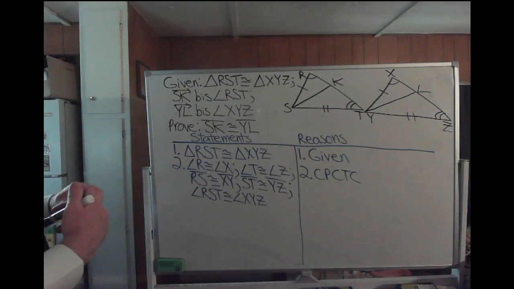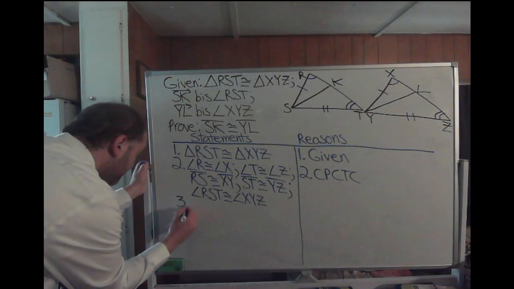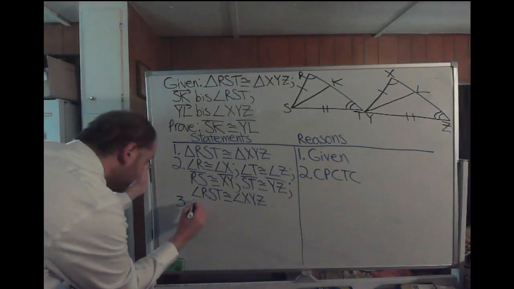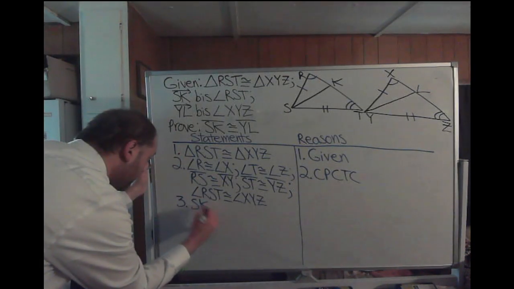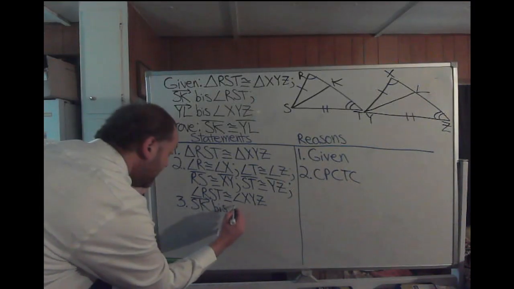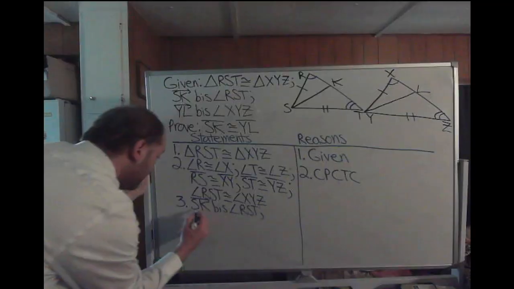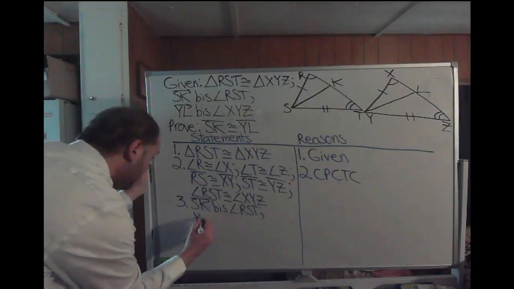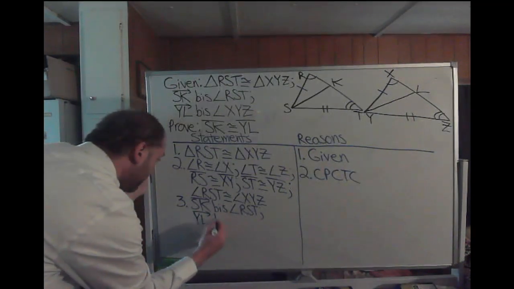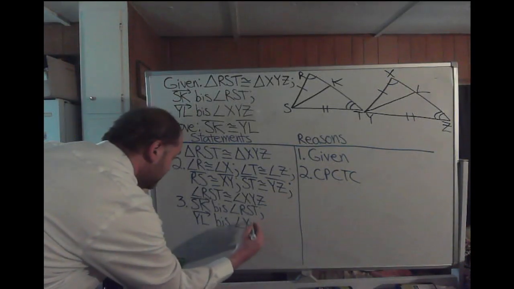Alright. Now, we have the fact that ray SK bisects angle RST and the fact that ray YL bisects angle XYZ.